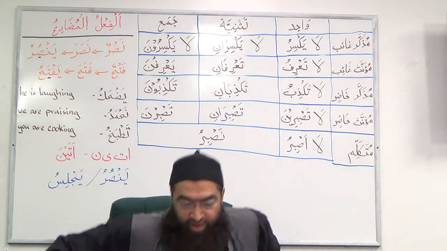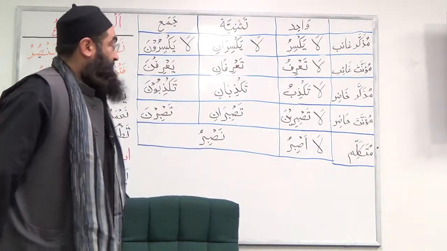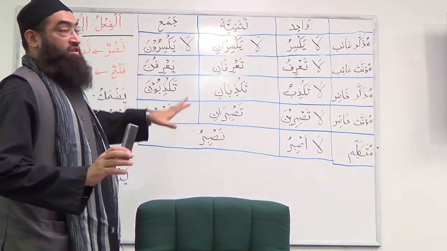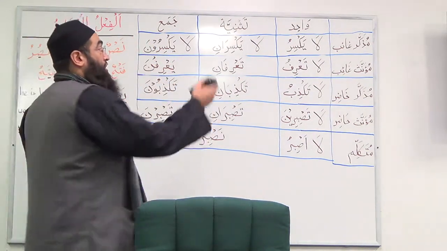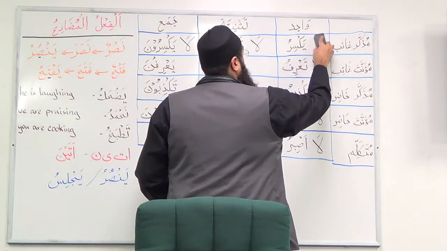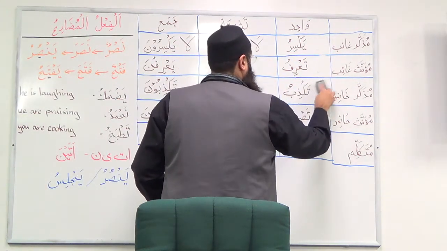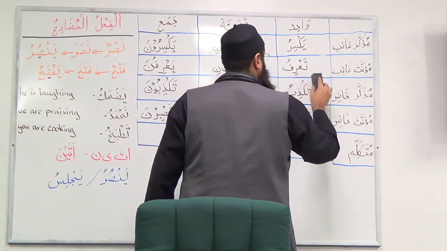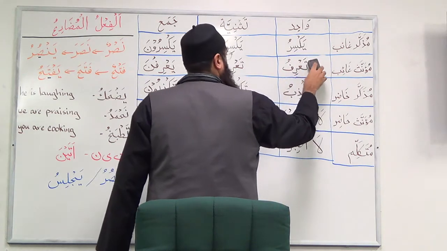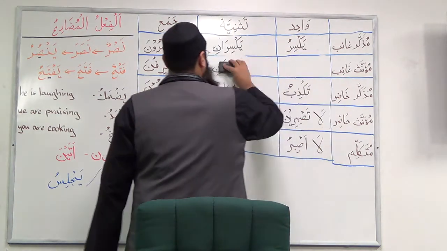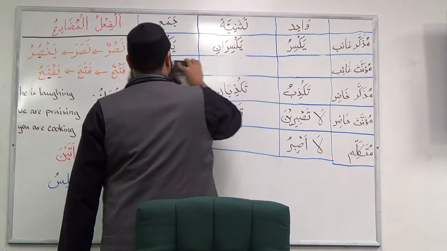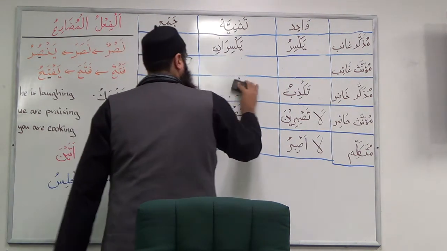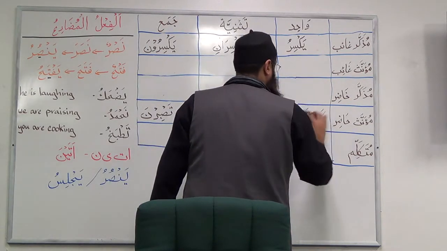One more thing I'll explain, and then, so now we know fi'l mudari' muthbat, which means positive, or manfi, which means negative, okay? Now, let's keep with this word to break, and we're going to do a majhul.